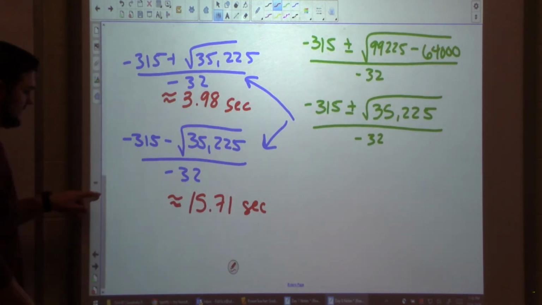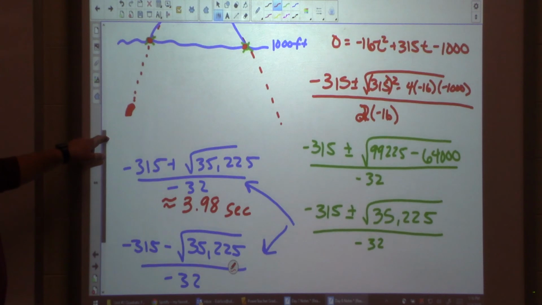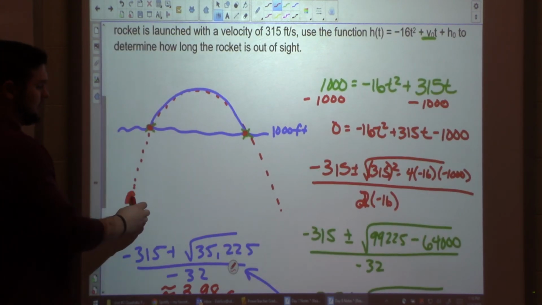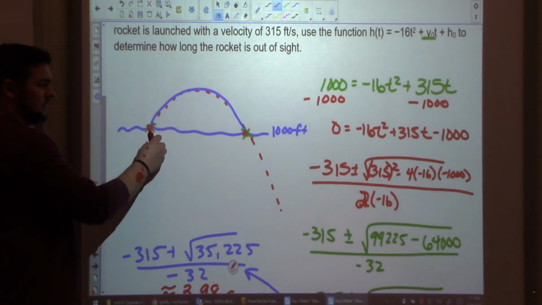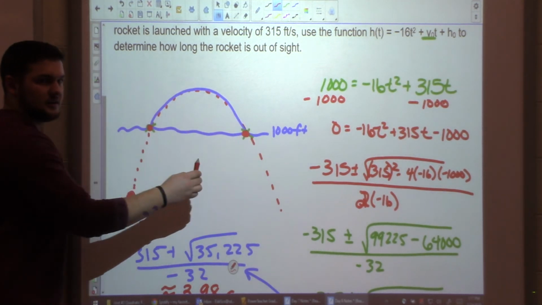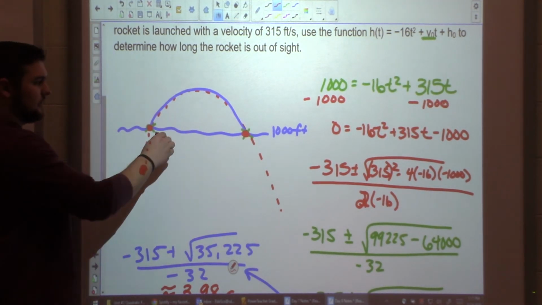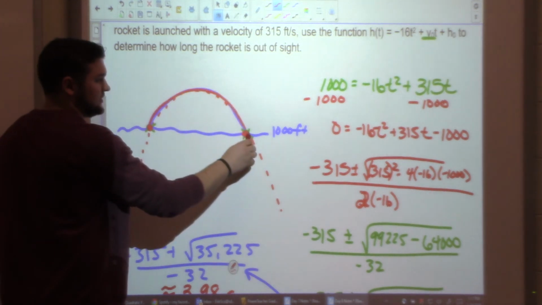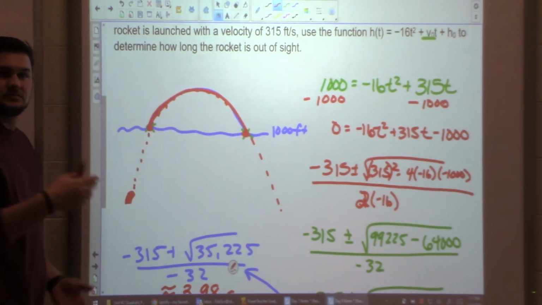So what that's telling me, if I go back up to my picture for a second, is it took 3.98 seconds to get to here, and then it took 15.71 seconds to get to here. So how can I figure out how much time elapsed between the two? Subtract them, right?